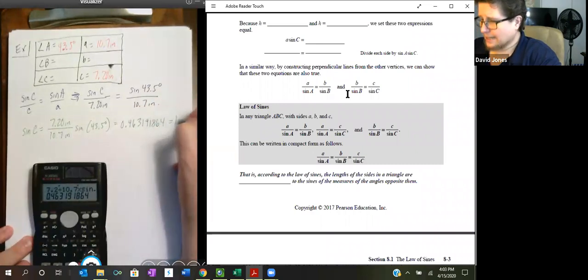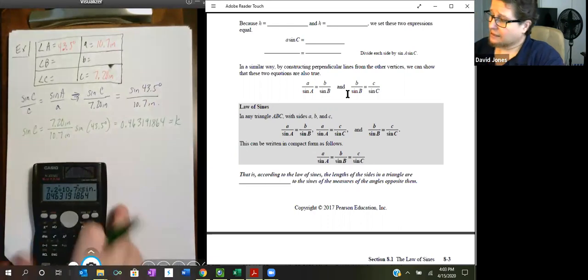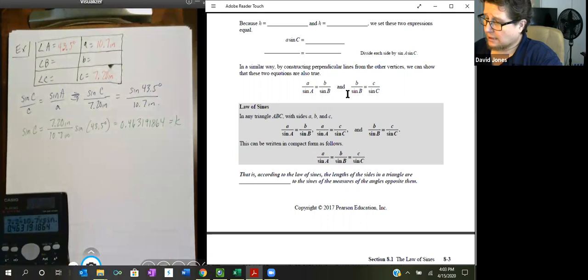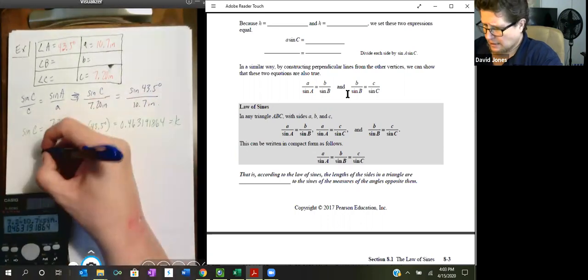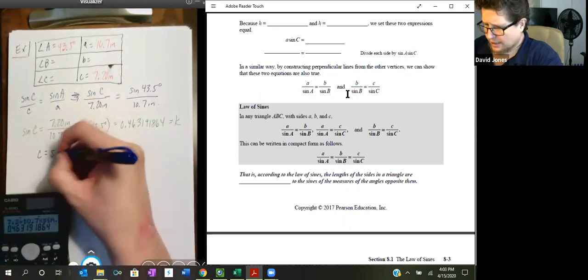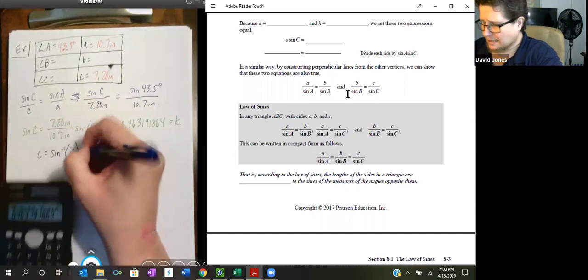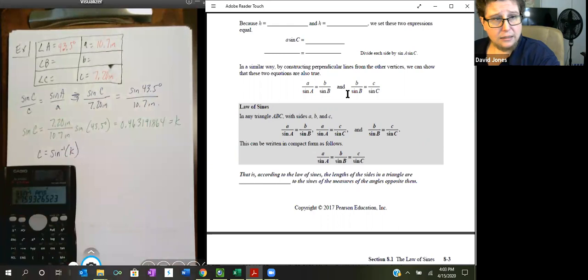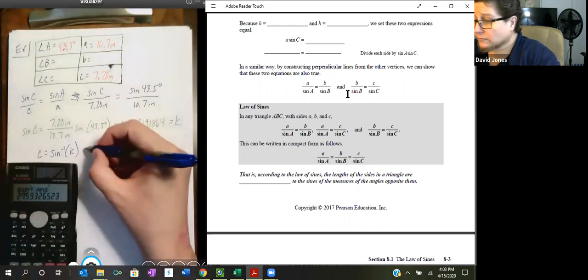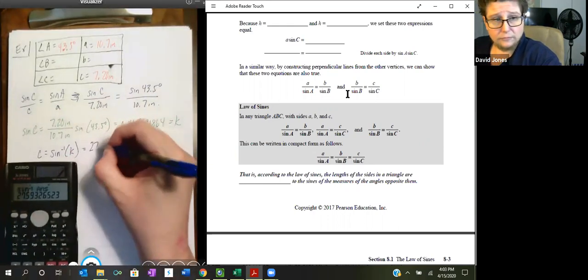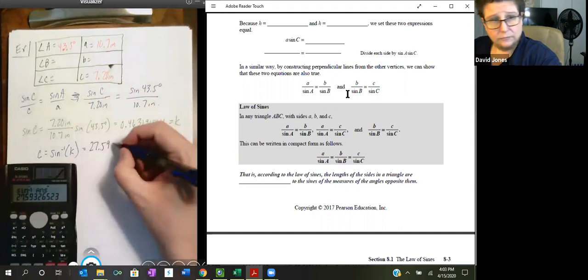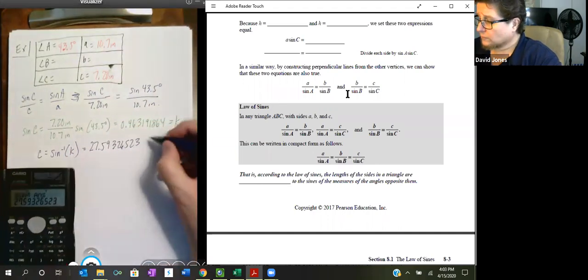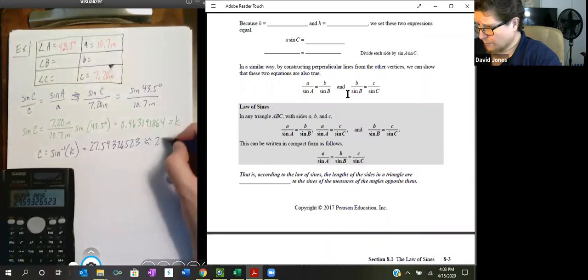We call that K. So C equals sine inverse of K, (27.6°).